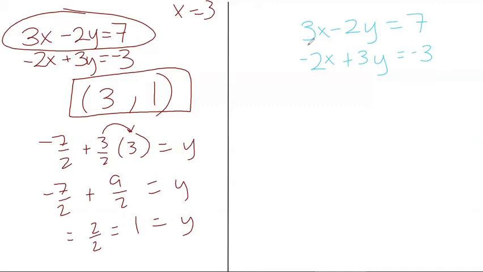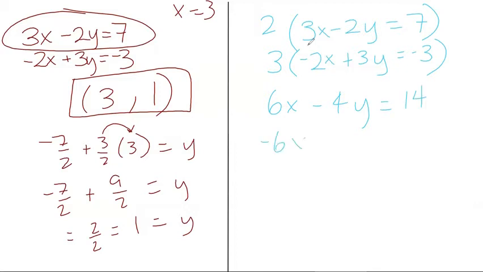So if we multiply the top by 2 and the bottom by 3, we would be getting 6x minus 4y is equal to 14. And on the bottom, we would be getting negative 6x plus 9y is equal to negative 9.